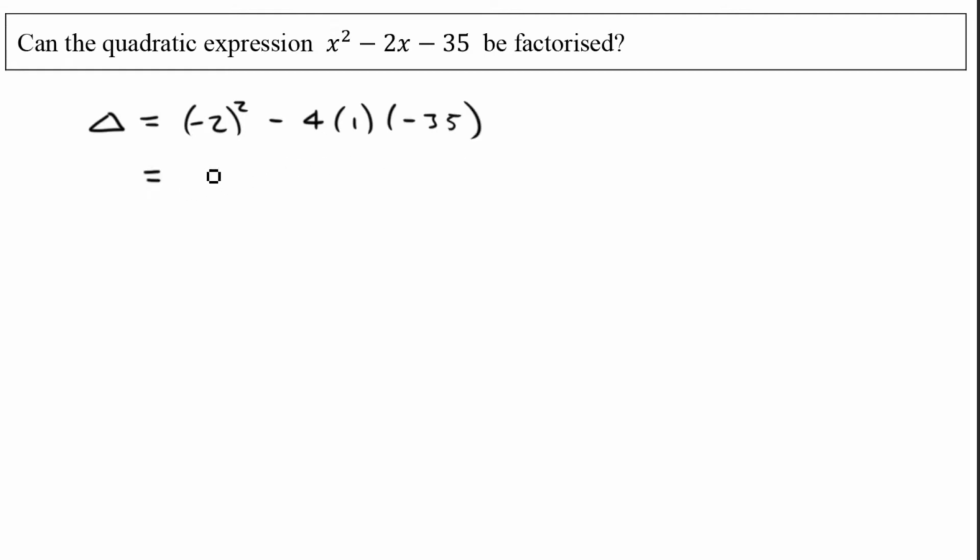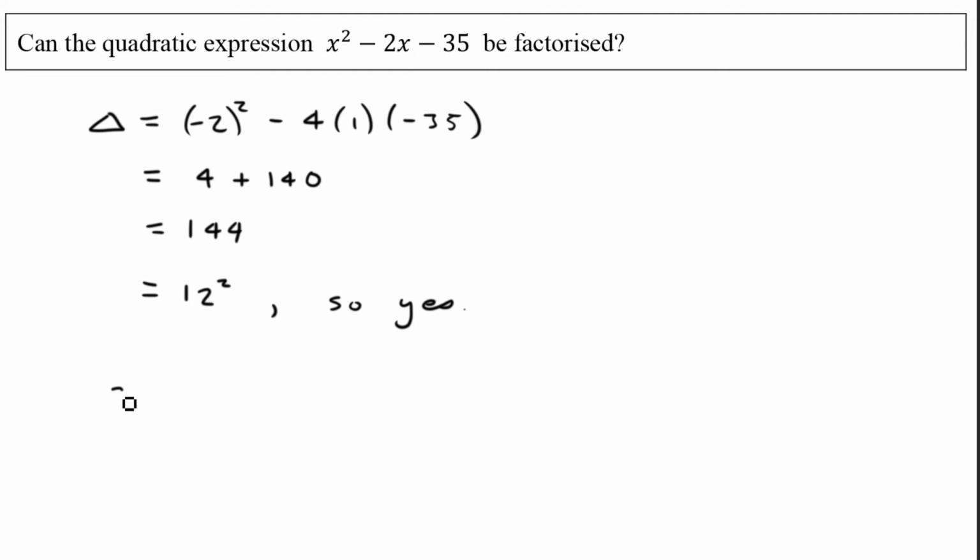Okay, negative 2 squared is 4. 4 times 1 is 4, times 35, or 2 35s are 70, so 4 of them are 140, and the negative makes it positive. So we're adding 140, so the answer is 144, and 144 is a square number, it's 12 squared, so therefore the answer is yes, we can factorise it.